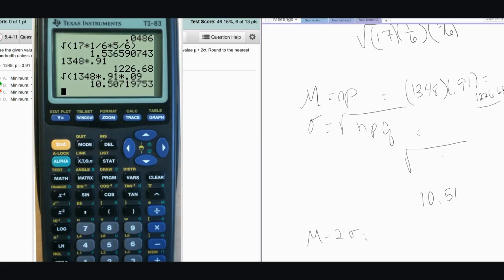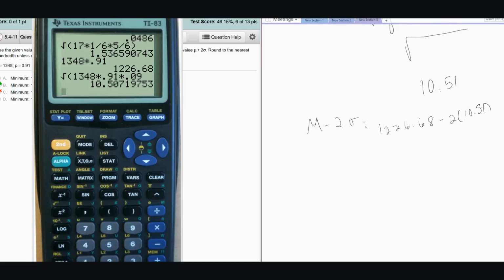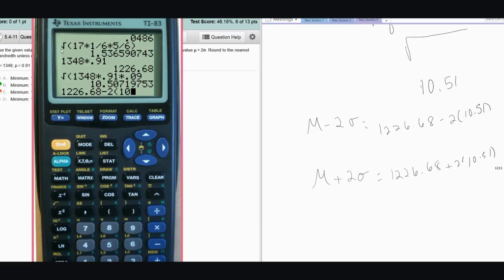So we're going to put this value here, 1226.68 minus 2 times the 10.51. And then the maximum is just adding instead of subtracting. Okay, so for our minimum we'll have 1226.68 minus 2 times 10.51.